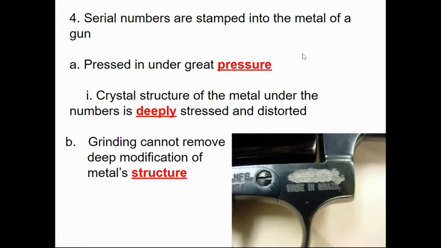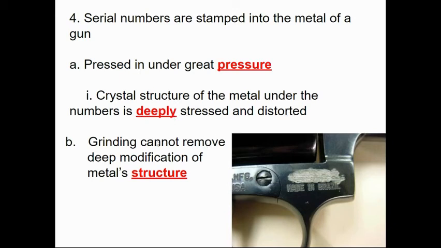So, why is that? The numbers often are stamped onto the metal. So, you've got this hard metal, and then they press them under great pressure. So, at a microscopic level, the crystal structure of the metal is distorted and stressed permanently. And that's stressed deep into the metal, well below the surface.